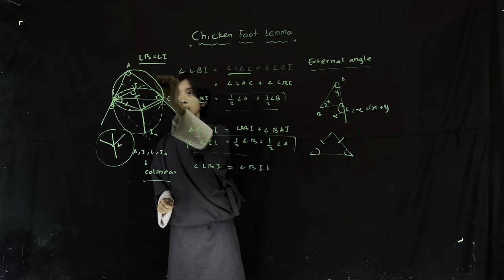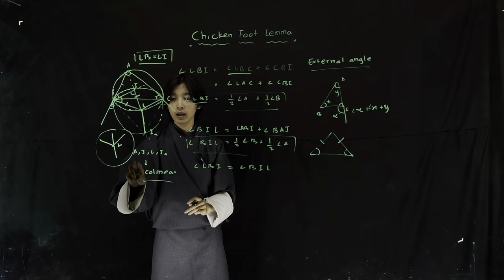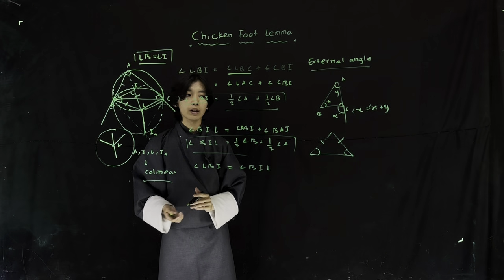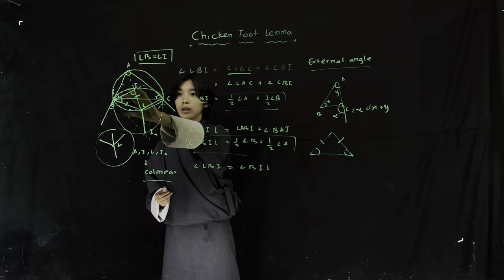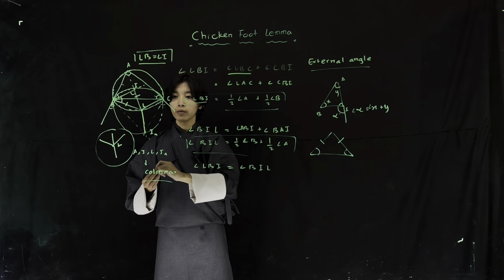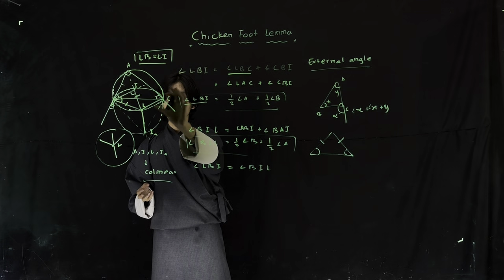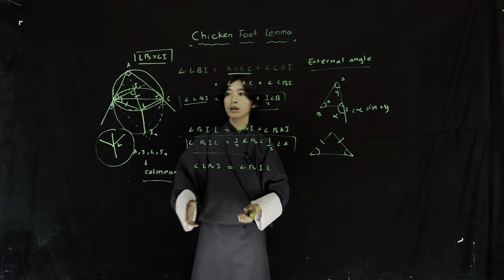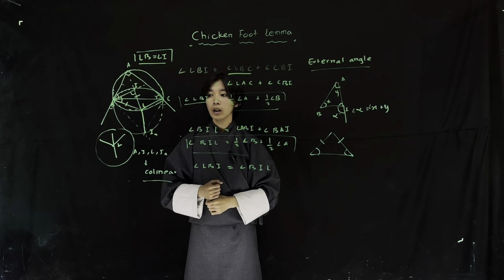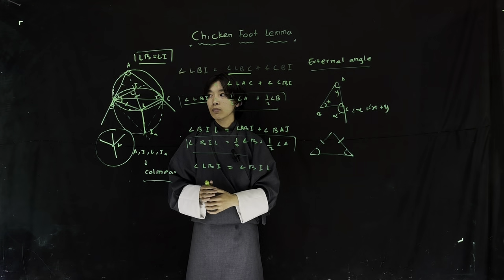The theorem states that LB is equal to LI, and that A, I, L, and IA are collinear. And from this simple proof, we can also validate other theorems. So this is it for the chicken foot lemma. Thank you.